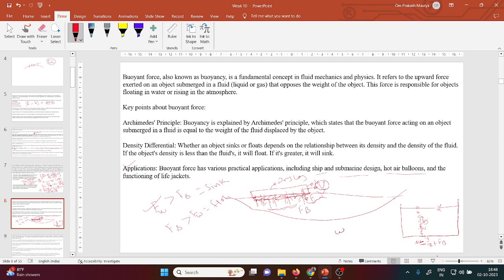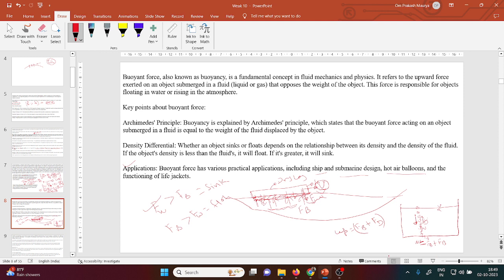So the weight of the particle is equal to the buoyant force plus the drag force, whatever drag is acting on it from the fluid when the particle is moving downward.